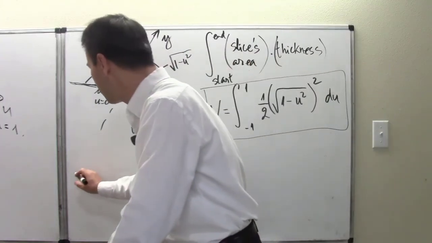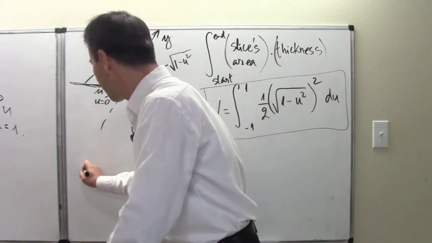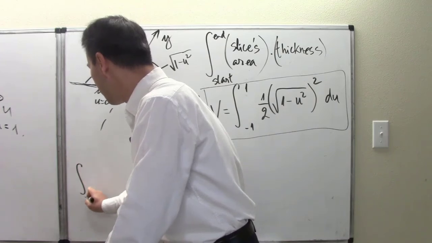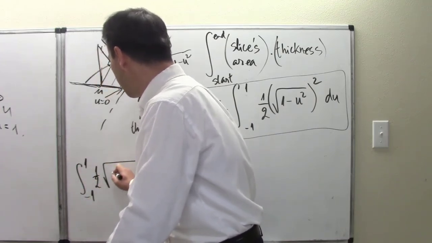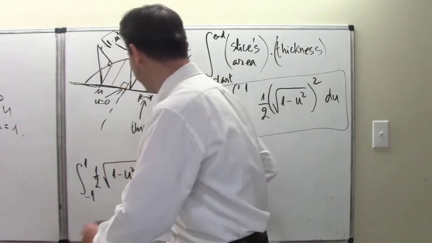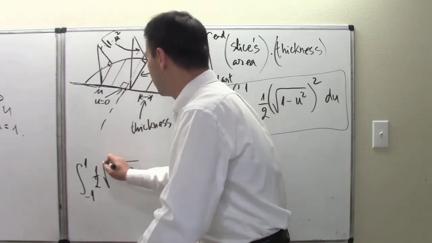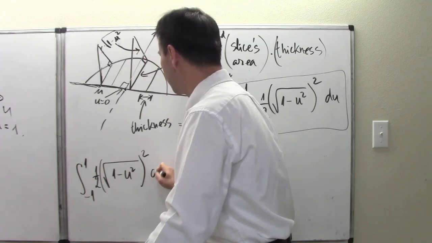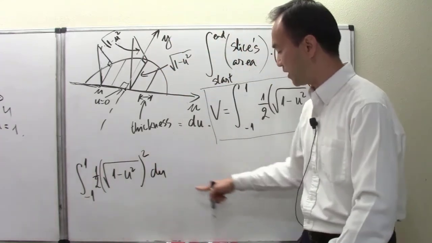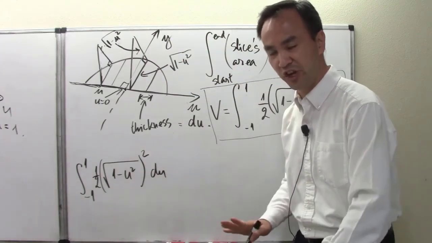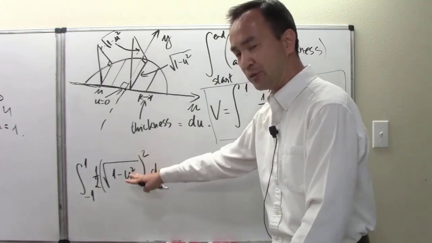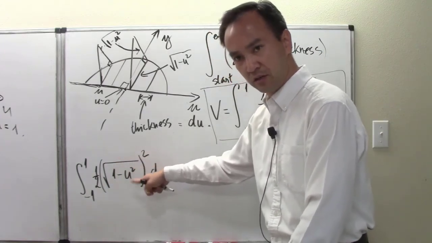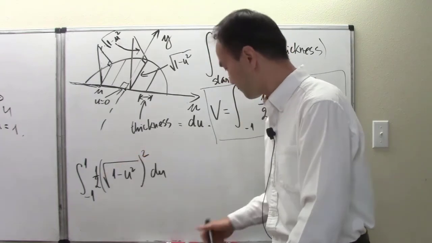All right, so the volume here at the start is an integral from -1 to 1 of 1/2 times the square root of 1 minus u squared, squared, with a du. It's an integral, and whatever variable we use shouldn't change the final answer. The square here algebraically will cancel with that square root, which makes the problem even easier.